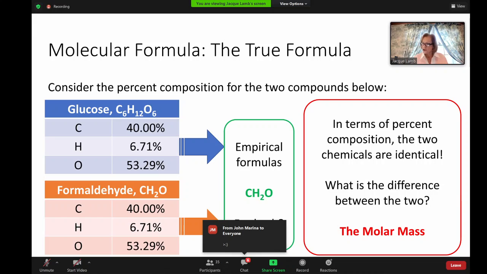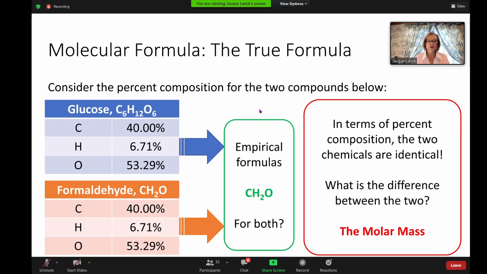So we talked last time about empirical formulas, but the true formula for molecular compounds is the molecular formula. In other words, it's not the simplest whole number ratio between atoms that matters. What matters is how many atoms are connected in the molecule.